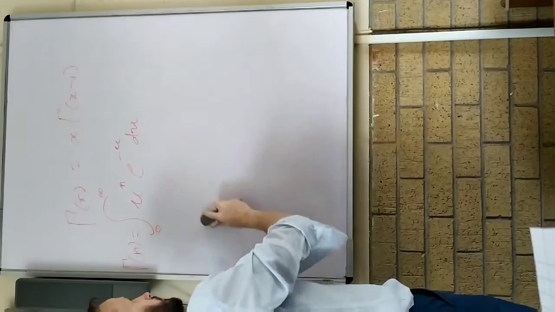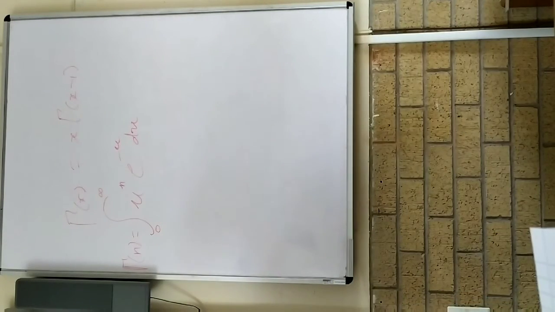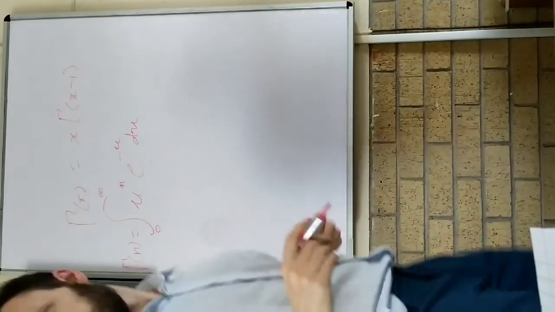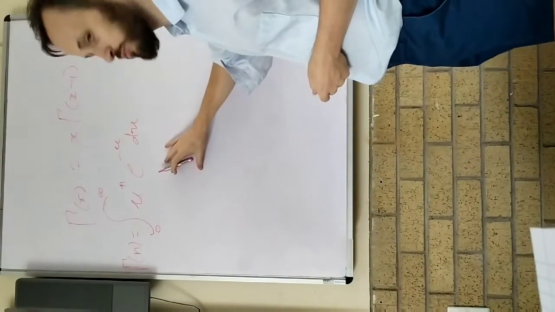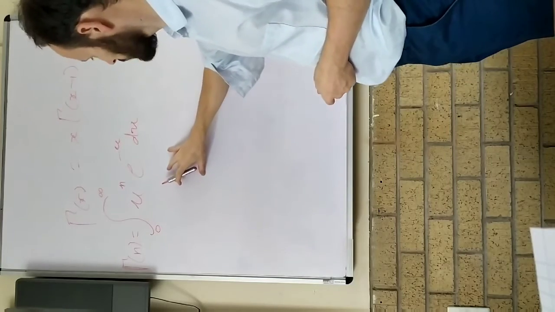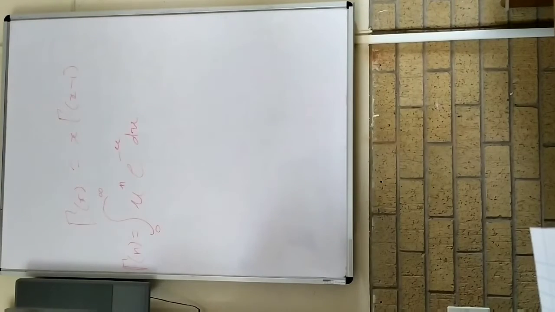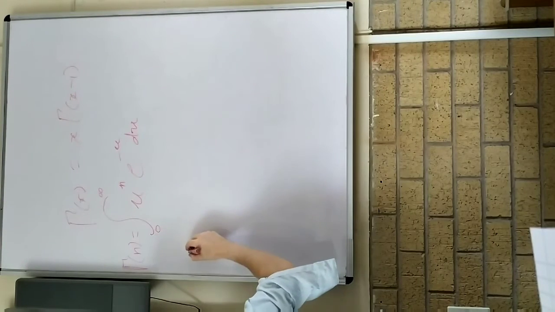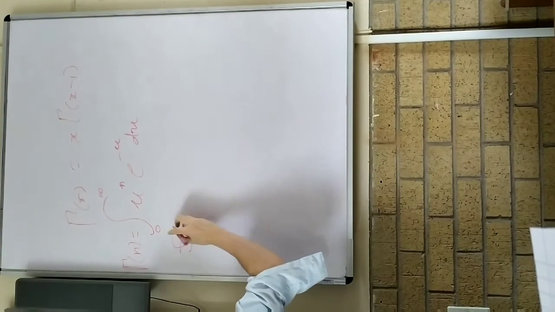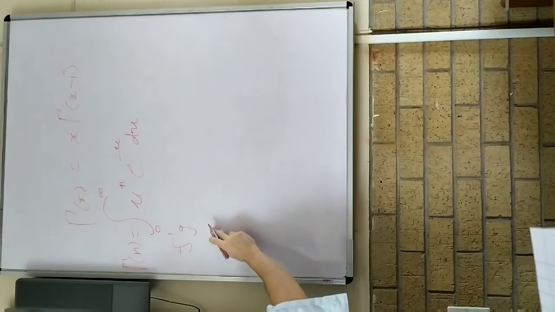Okay, so if you do integration by parts, do you see what you get? If you do integration by parts, you can be clever. Remember what integration by parts tells you. It tells you that you need to choose something to be f dash and something to be g.